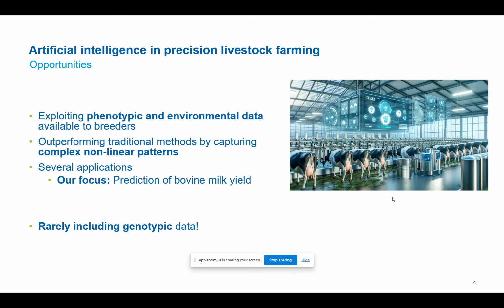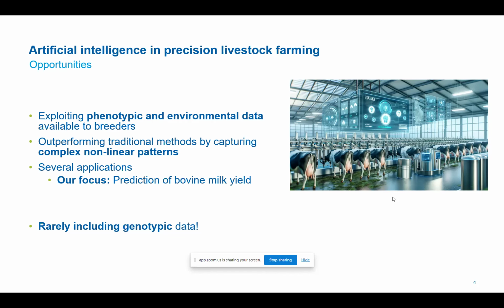There are great achievements in recent years in the use of AI to predict phenotypic values, for instance bovine meat production, but it really rarely includes explicit genotypic data in the analysis.